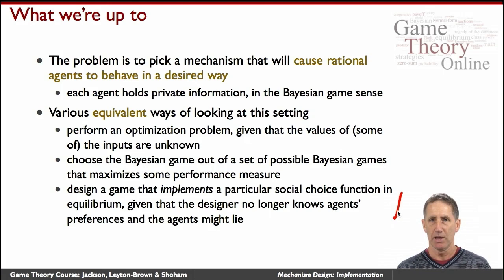We really want to implement a social choice function, which if we had access to the agents' types, we could have done directly, but we don't. If we simply ask the agents, it may be in their interest to deceive us, and so our goal is to implement it nonetheless. And so there is something magical about the setting, and it's quite a robust area within game theory.